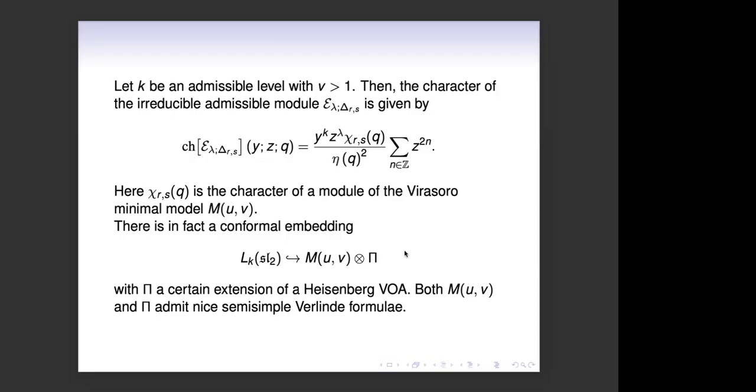In particular, it's semi-simple in the category of weight modules. And it's a very easy exercise to see that the right-hand side, Virasoro minimal model times pi, is a representation category that admits a very nice and semi-simple Verlinde formula.